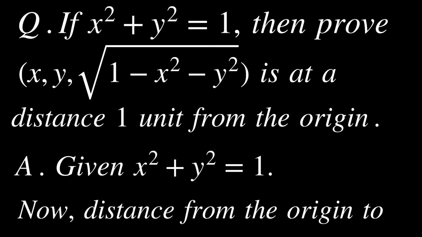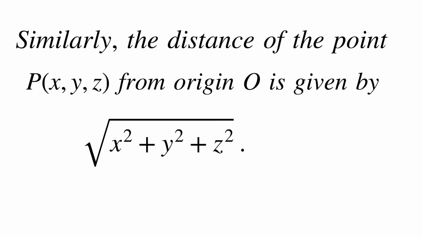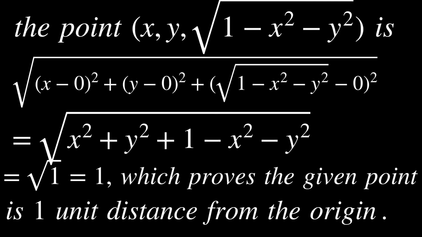So in this question they have given a point which is at a distance 1 unit from the origin, and we know that the distance of any point P from the origin is given by square root of x square plus y square plus z square, where x, y, z is its coordinate, correct? So here its x coordinate is x, y coordinate is y, whereas z coordinate they have given as square root of 1 minus x square minus y square.